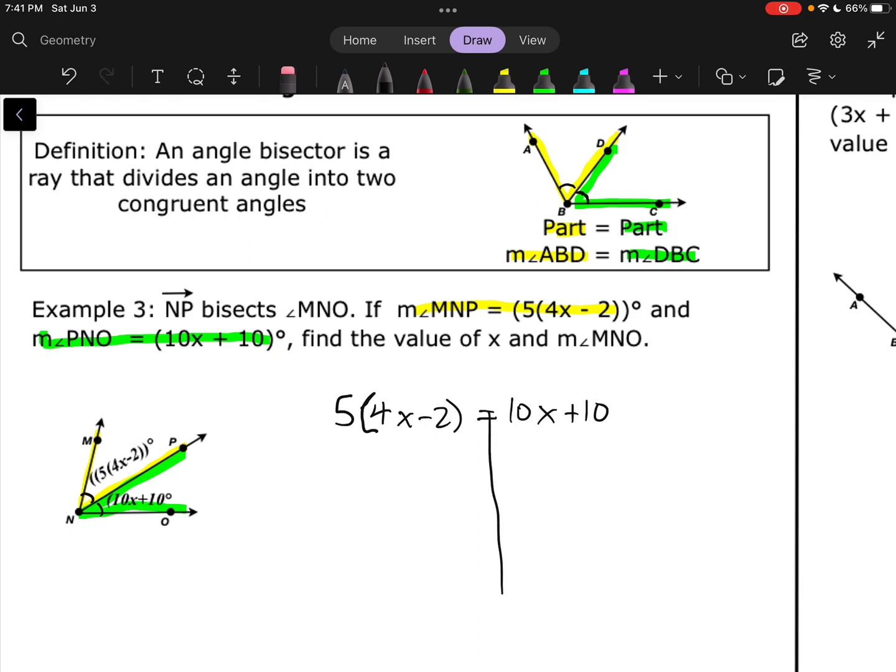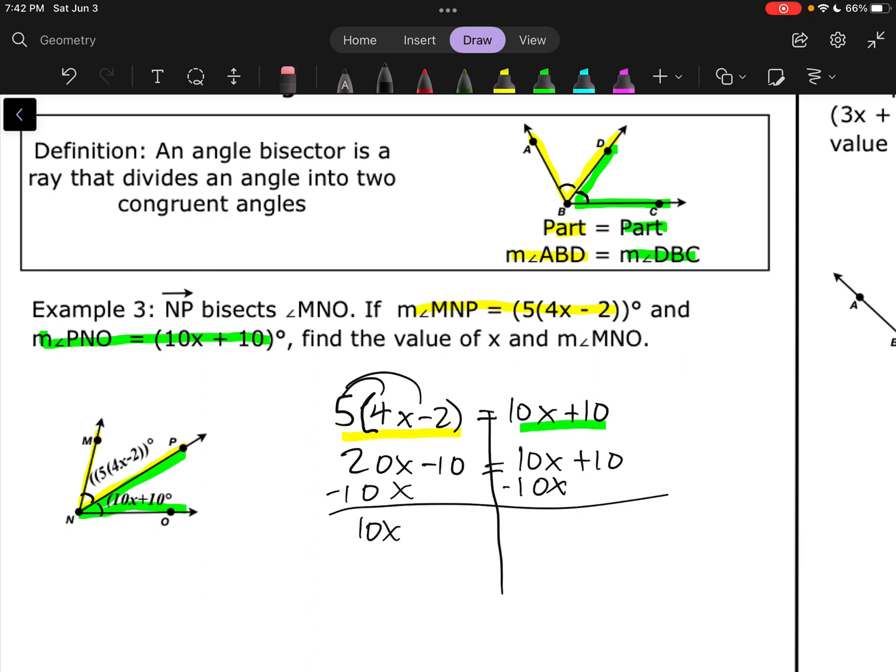So I got my algebraic equation to represent my geometric situation. I'm just doing part equals part since it got split in half. And now we'll solve. That'll be 20x minus 10 is equal to 10x plus 10. Subtract the 10x. Gets 10x minus 10 is equal to 10.